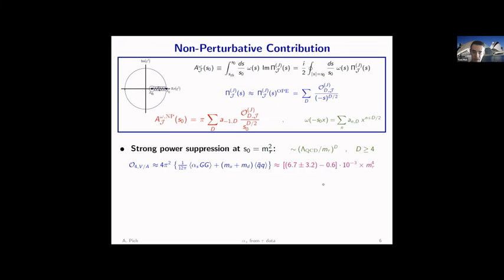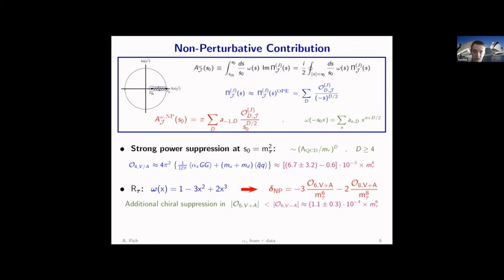But in R tau, at least in the distribution that is measured with the tau lifetime, the power of x does not appear in the weight factor. The first power which appears is x squared, which means that the first non-perturbative correction that you pick up has dimension 6. You get corrections from dimension 6 and dimension 8. You can estimate the size of these corrections by measuring the difference between vector and axial.